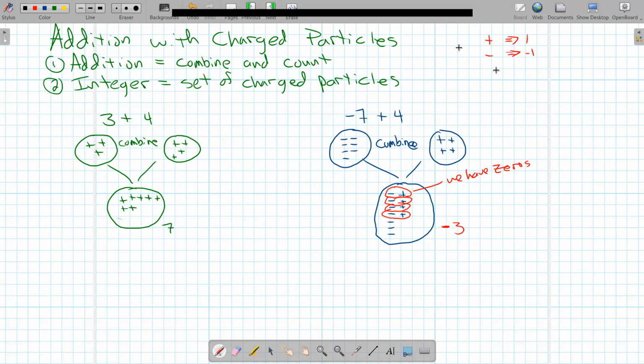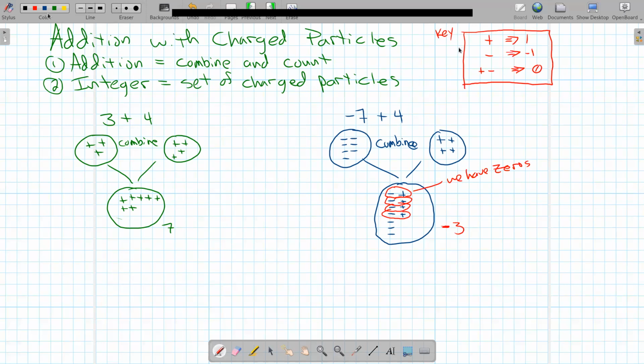And in addition to nothing being 0, we also have a combination of these things to represent 0. So just like before, combine and count with this extra twist, this idea of opposite charges cancel each other out. So again, this key is usually important when we're trying to deal with these.